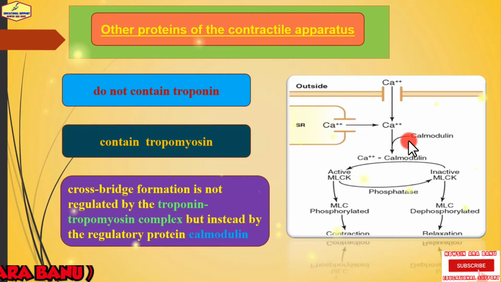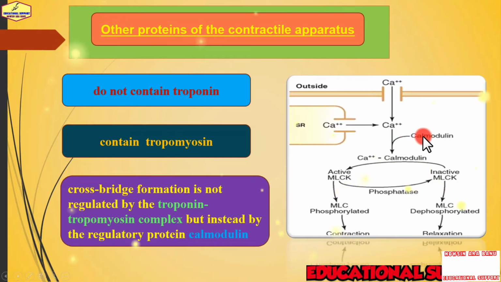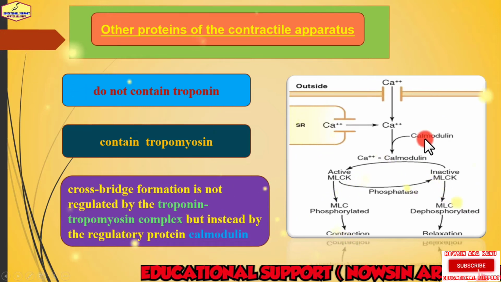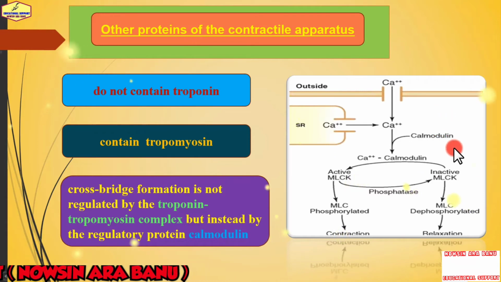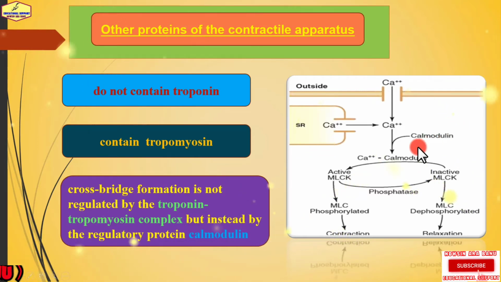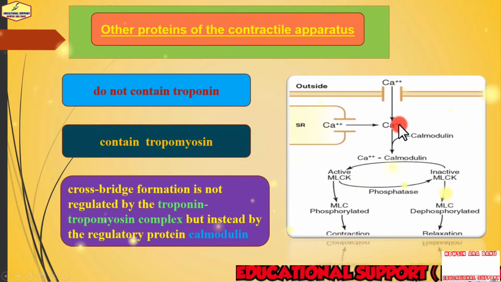Calmodulin, tropomyosin, and calponin, all three of these proteins may have a role in inhibiting the ATPase activity of the myosin complex that otherwise provides energy to fuel muscle contraction.